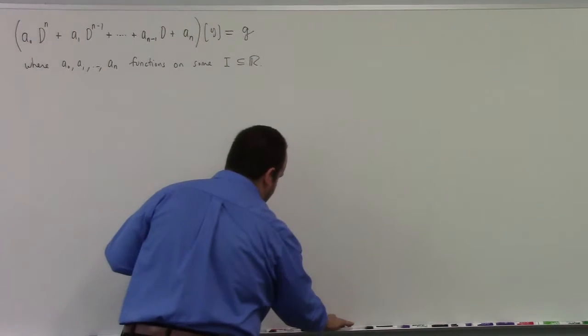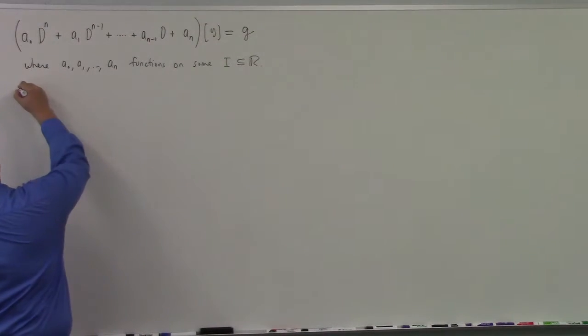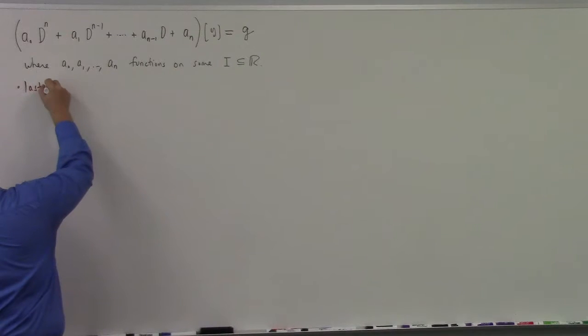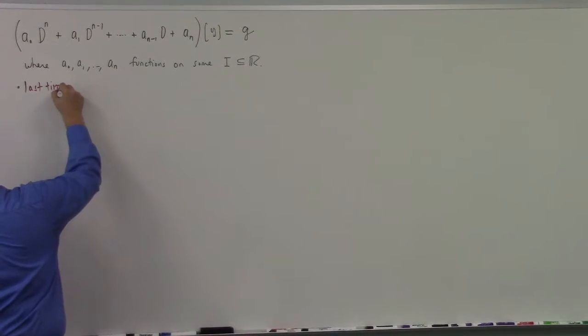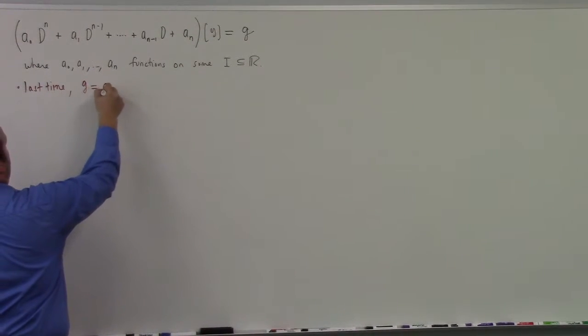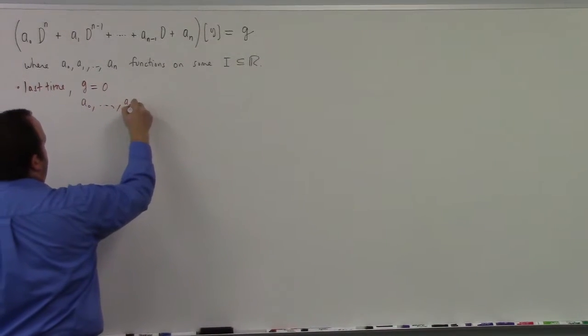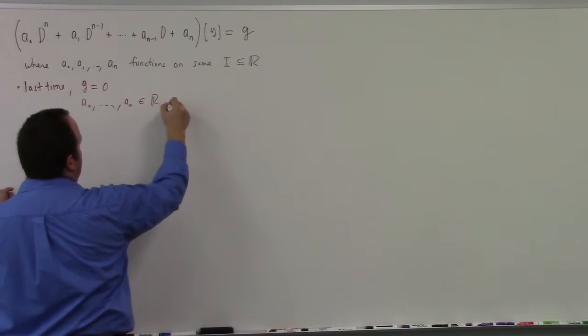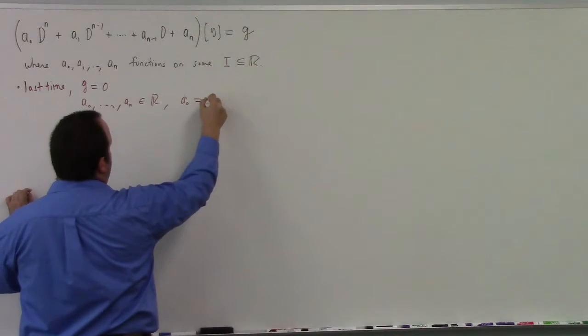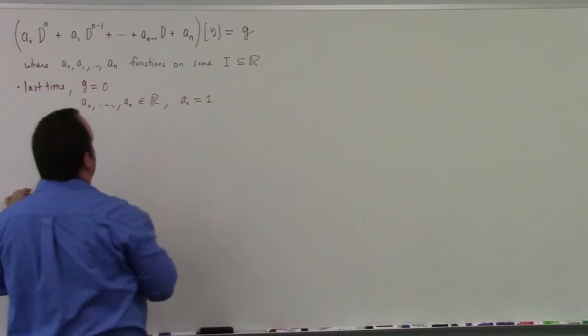Just to summarize what we did last time, we had g equals 0, and we had A naught through AN real numbers. In fact, we had A naught equal to 1 in my last talk with you guys.